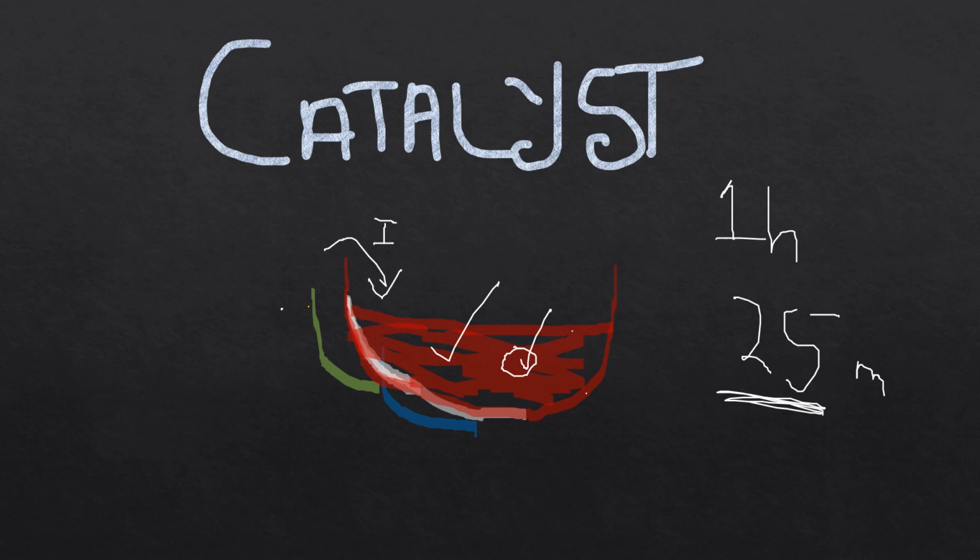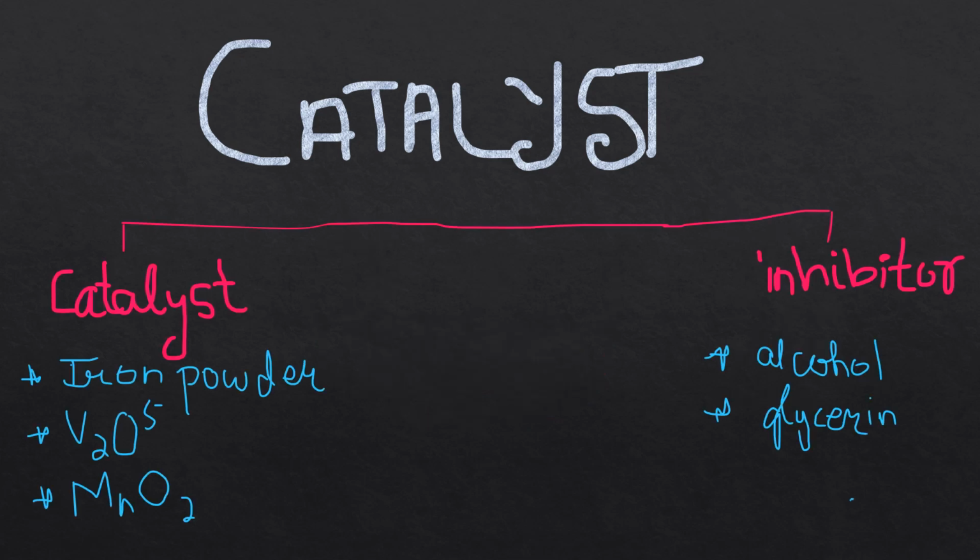Now let's move on to the negative catalyst and the positive catalyst. Basically, a positive catalyst increases the rate of reaction, and you can remember it with the symbols positive and negative.